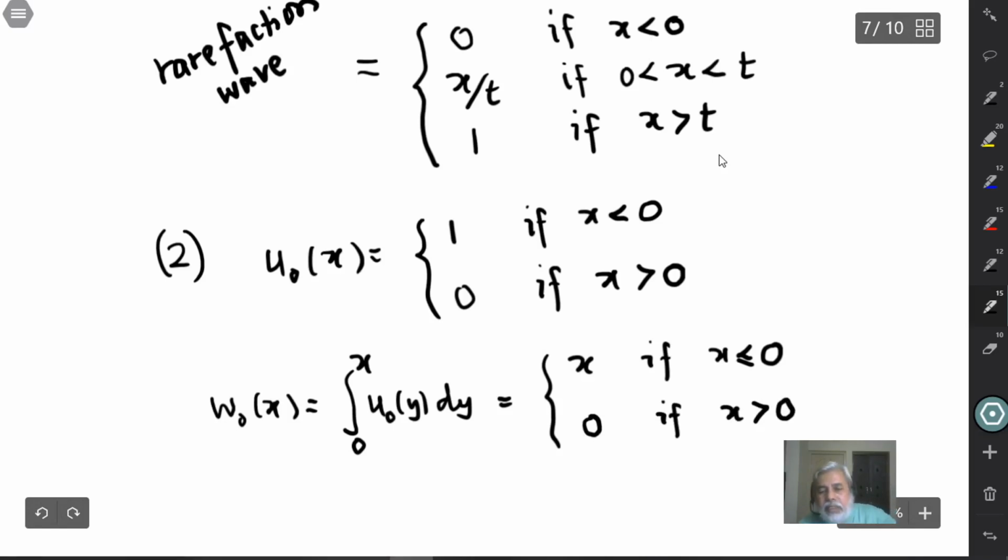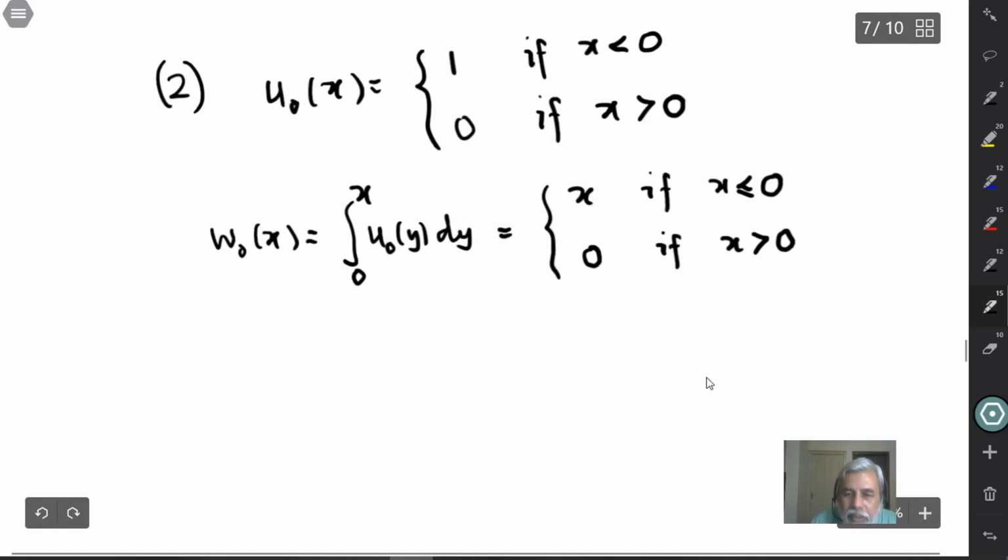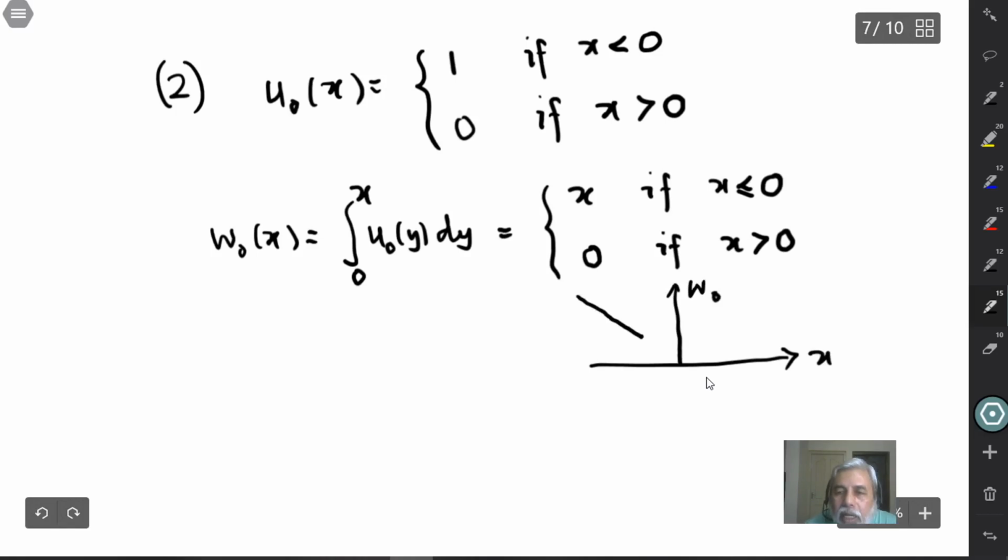Again this is not differentiable at x equal to 0.